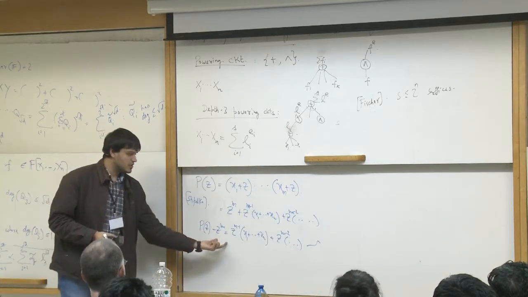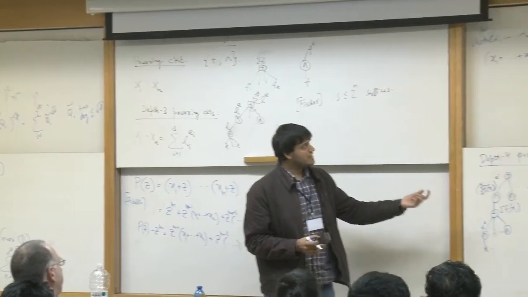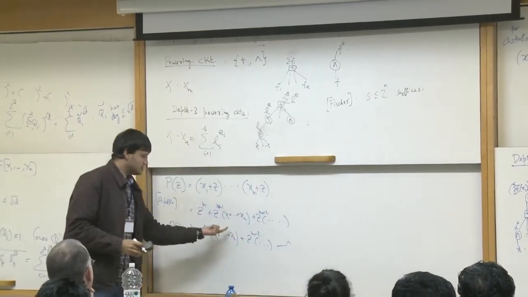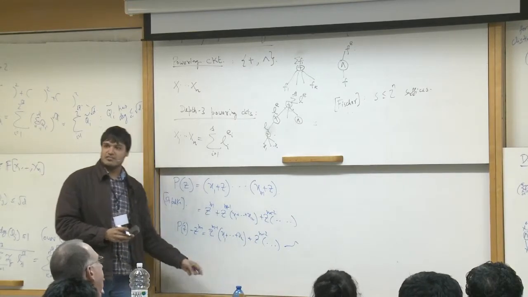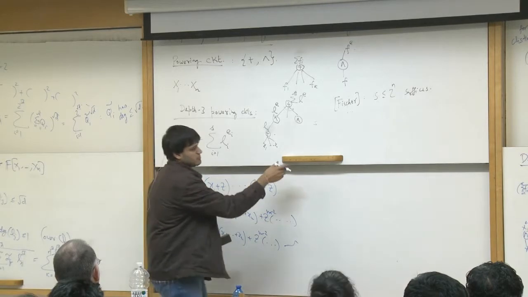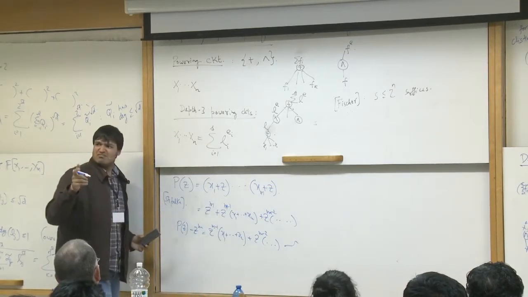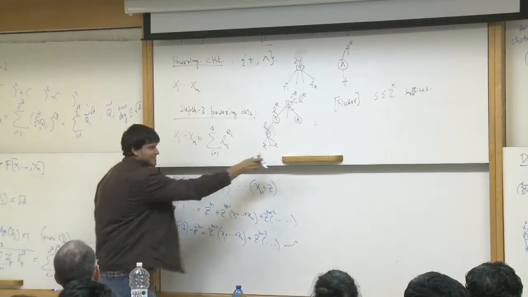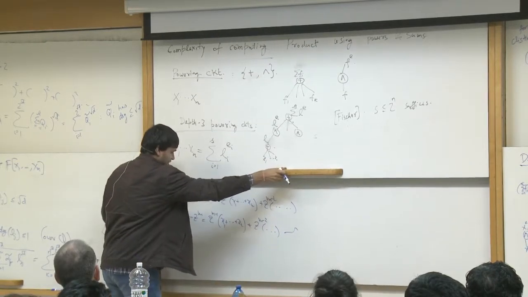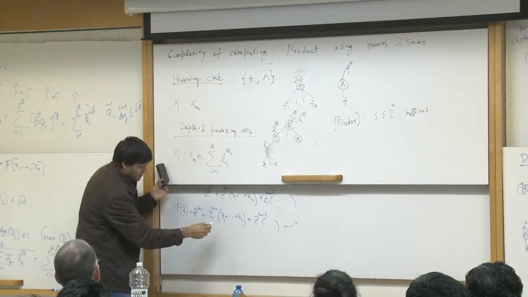Okay. Now, what do we need here? We need a dth power of this. So let's just take the dth power of this polynomial.